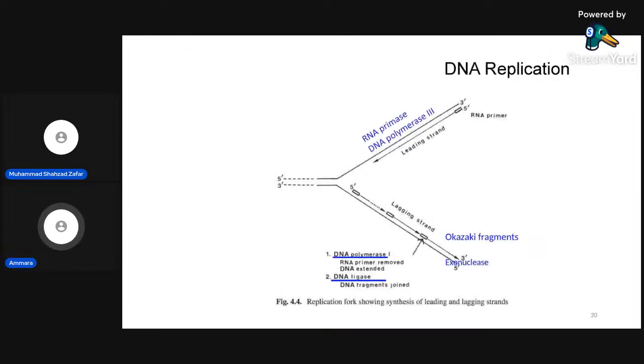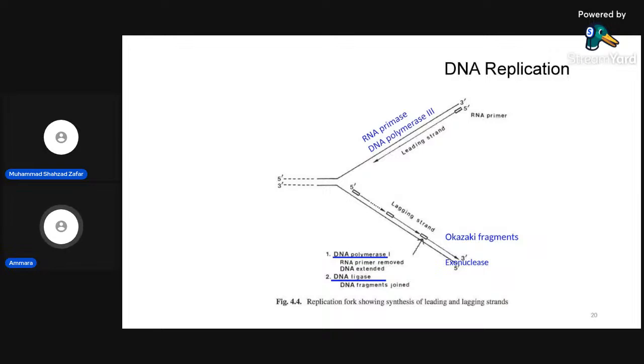Replication always starts in the 5' to 3' direction, whereas the unbinding of the strand proceeds in the opposite direction. So DNA polymerase attaches complementary bases in the opposite direction to the unbinding strand.